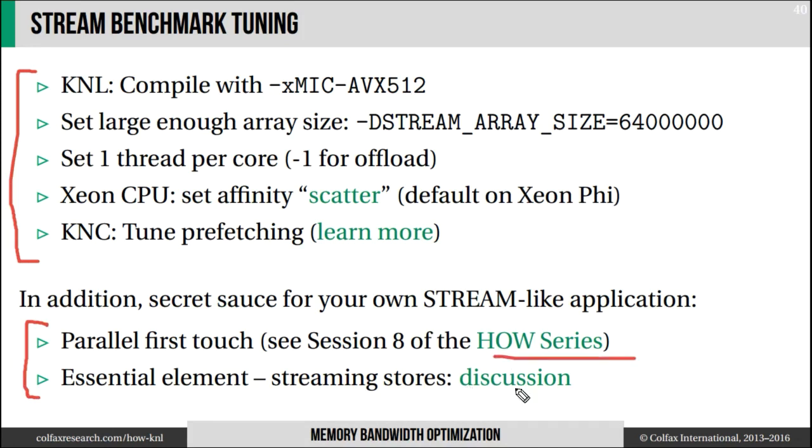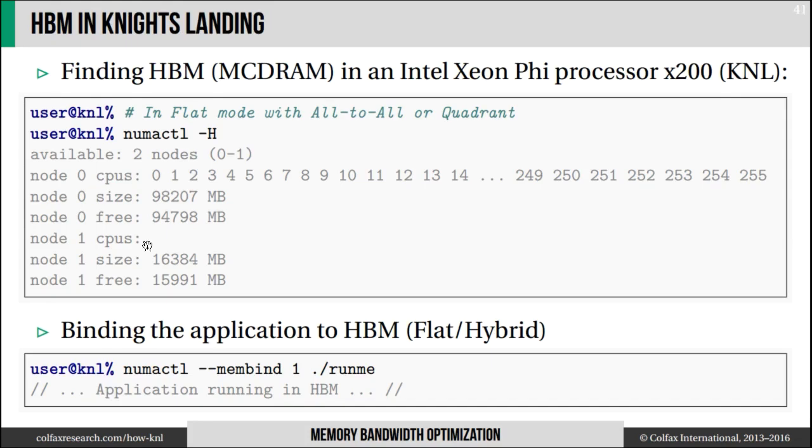These links are clickable in the slides, and you can download the slides and click the links to get more information. As a reminder, we used numactl --membind to run the application in high bandwidth memory.